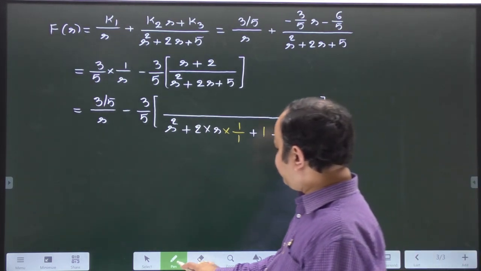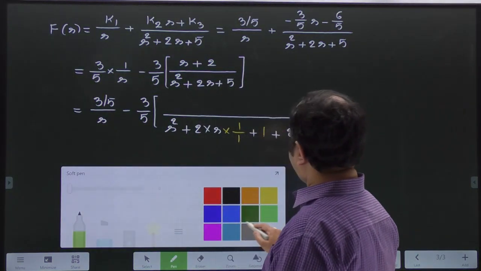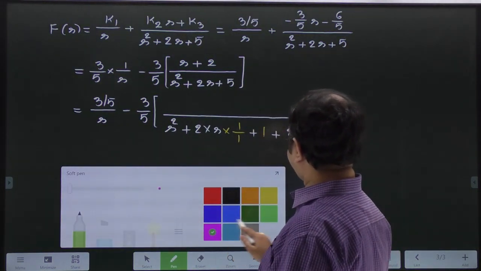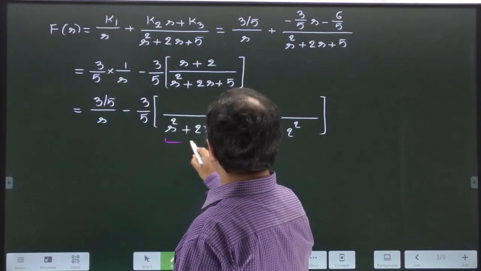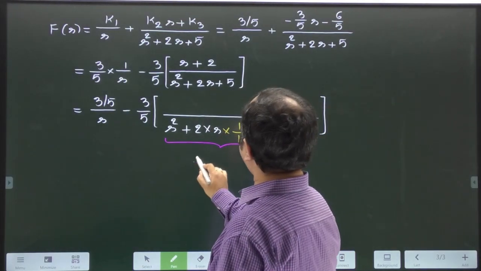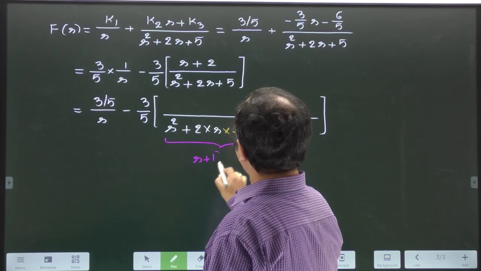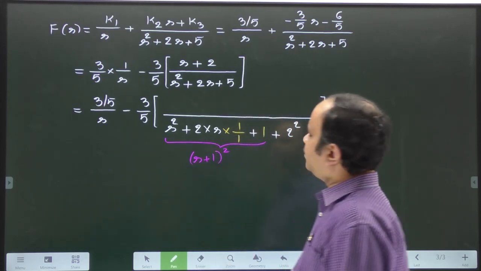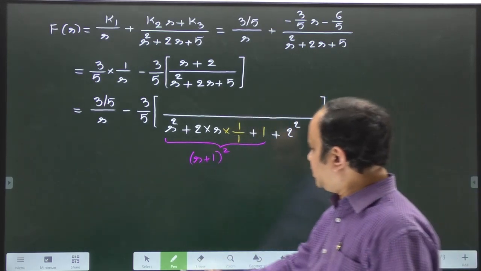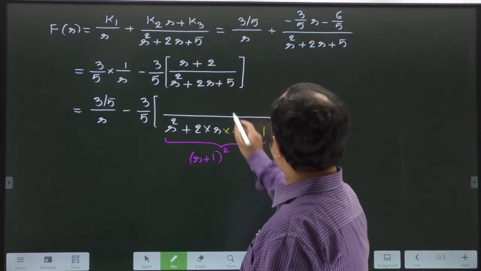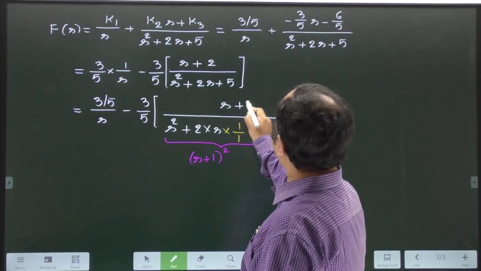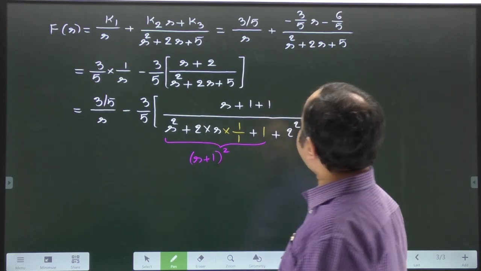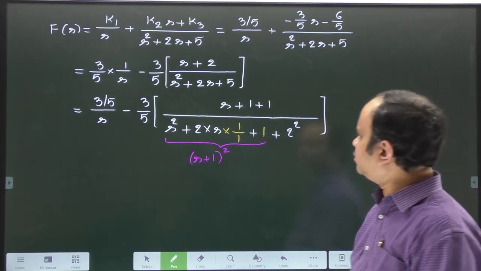Now if you observe carefully here, this particular part you can simply write as s plus 1 whole square plus 2 square. Therefore, numerator, how can I write down? S plus 1 plus 1.